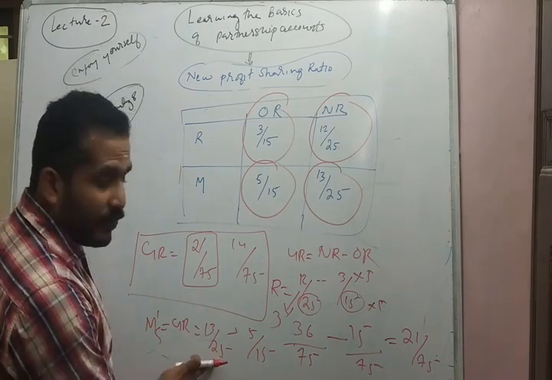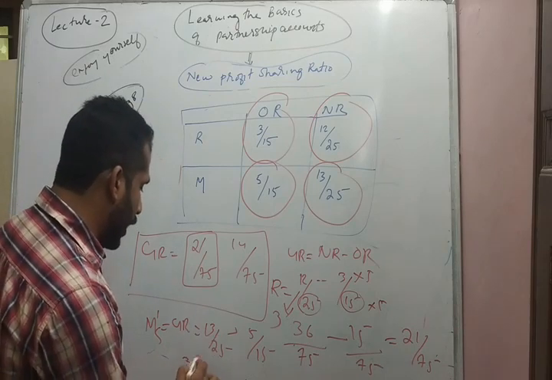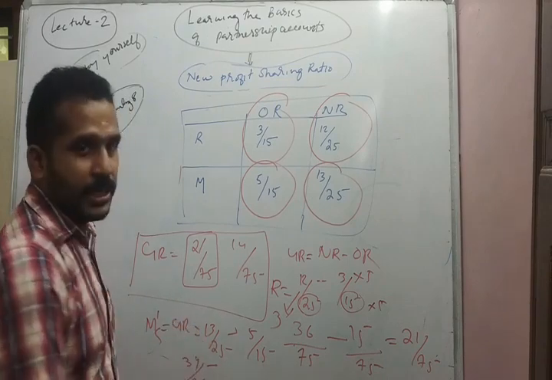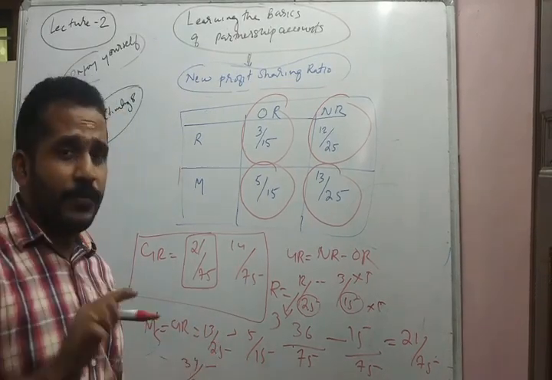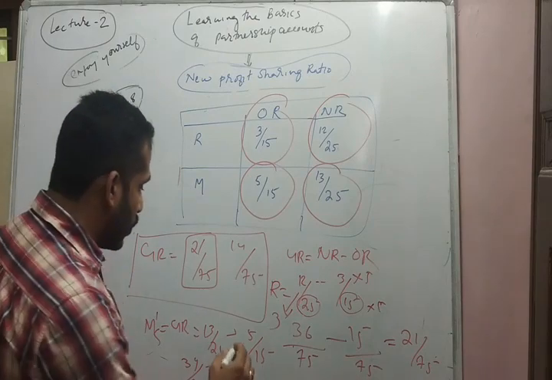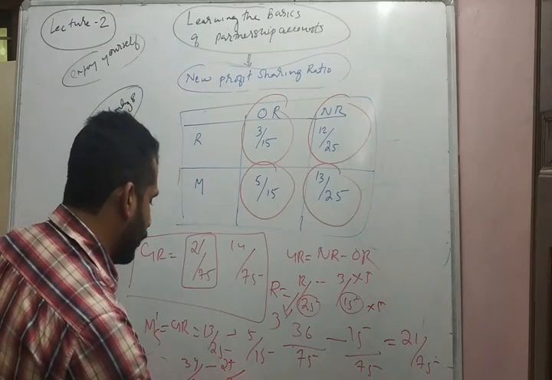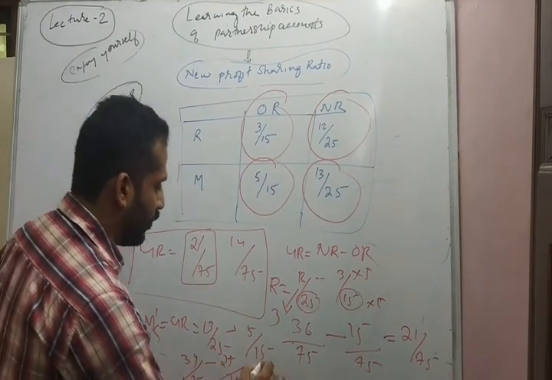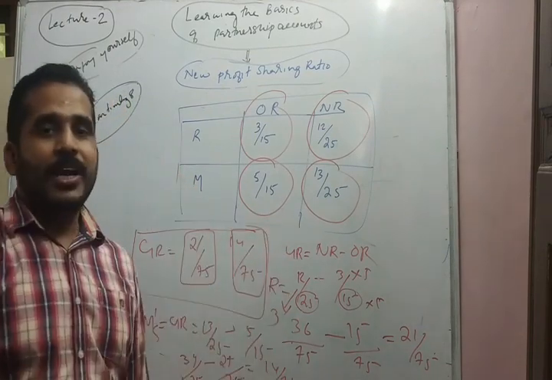So 25 into 3, 75, 13 into 3, so 39 by 75 minus 15. To convert 15 into 75, 15 should be multiplied by 5. So 5 into 5, 25. 5 into 15, 75. Then we will get 39 minus 25, 14 by 75. This part is also correct.